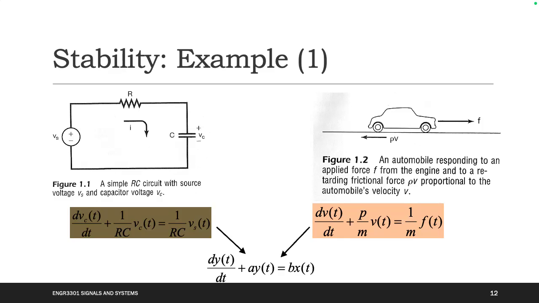Because for a stable system, a bounded input will result in a bounded output, and your system can be improved and measured, am I right?